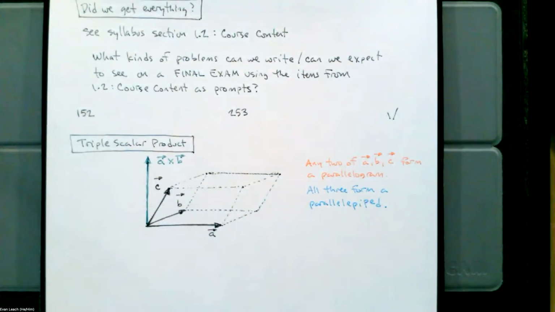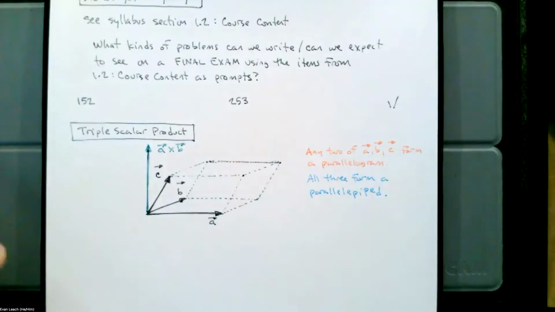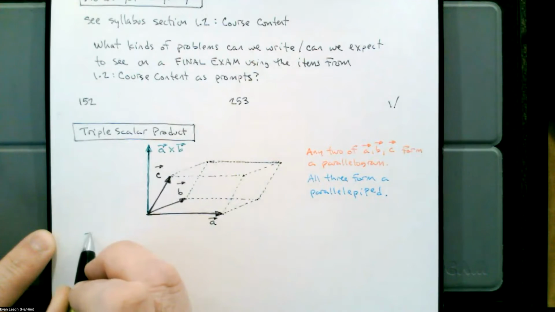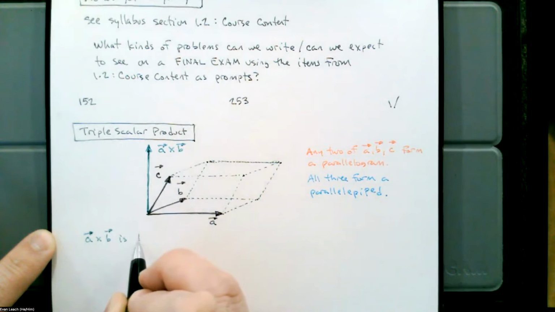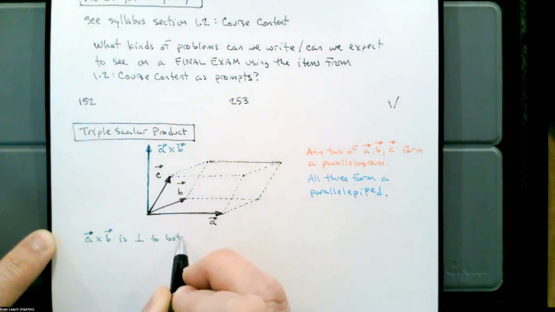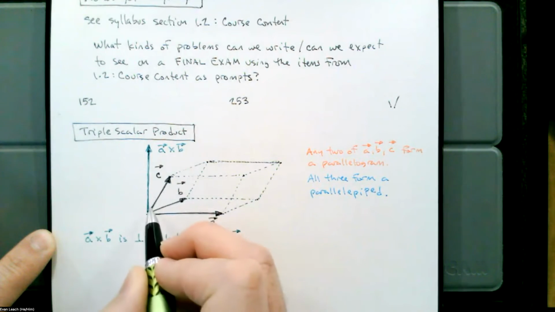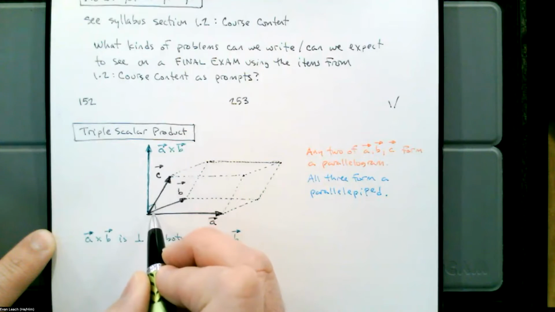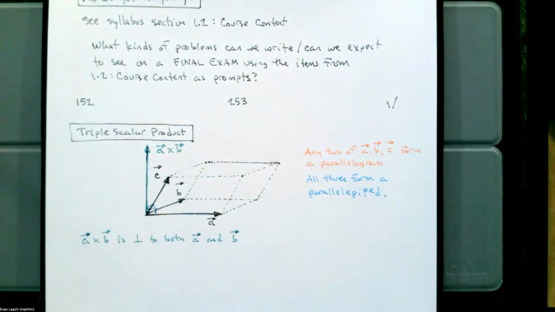In the cross product, A cross B, we know that A cross B is perpendicular to both A and B.